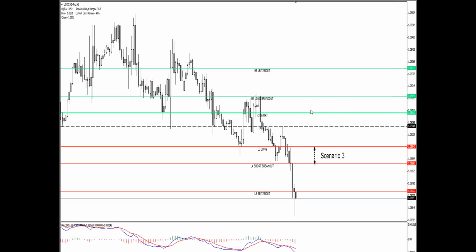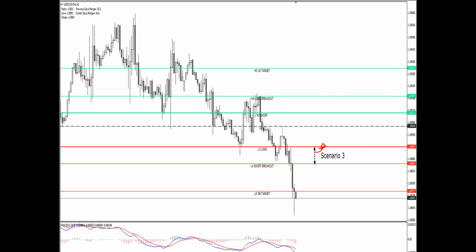If the price is above H3 and H4, this is bullish. If the price is between L3 and L4, that is bearish. So if the open price is between L3 and L4, you need to buy only if the price moves above and closes above L3.